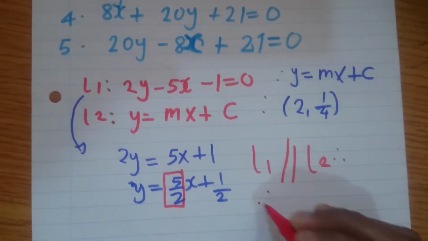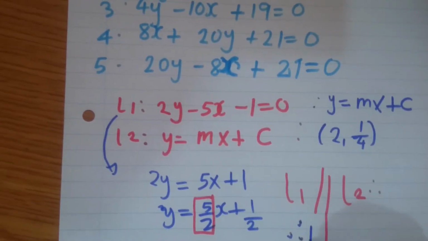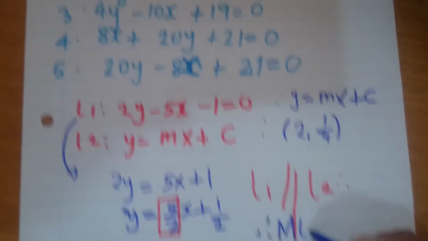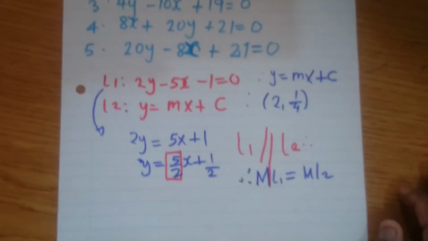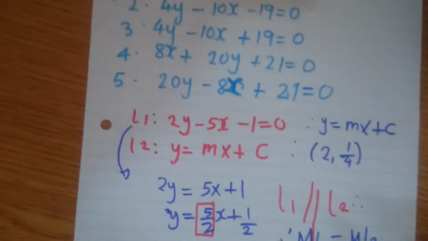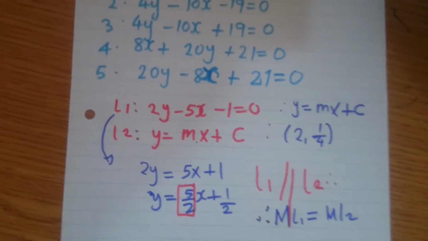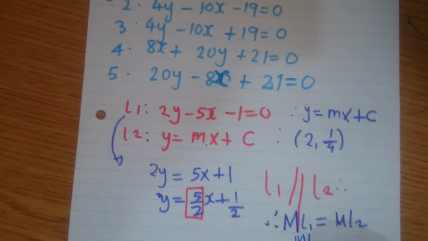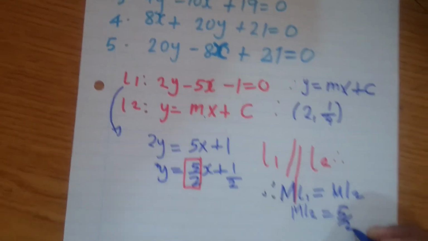Therefore, the slope of line 1 must be equal to the slope of line 2 when two lines are parallel. So the slope of line 2 is also going to be 5/2.